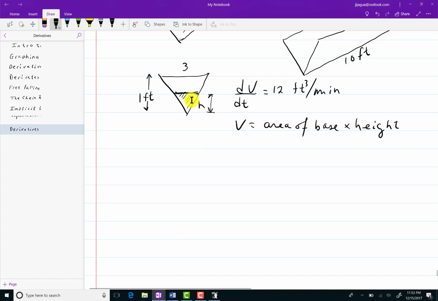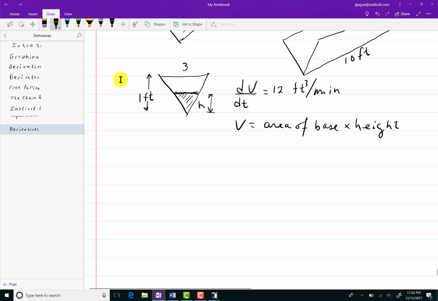This little triangle in here of water versus the entire triangle are similar, because this angle at the tip is the same for both triangles, and assuming that this thing is standing straight up, the water level is level. Therefore, this corner angle up here equals this corner angle in here. This corner angle here equals that corner angle there.